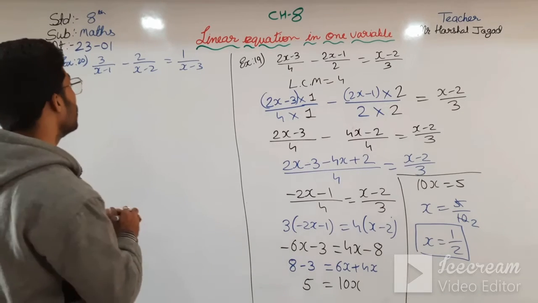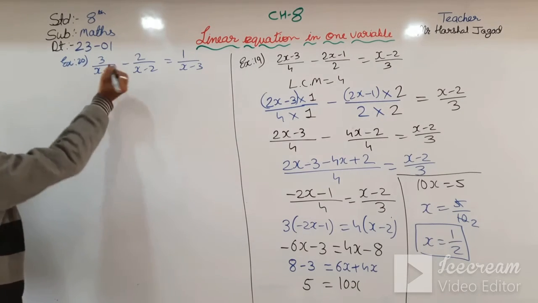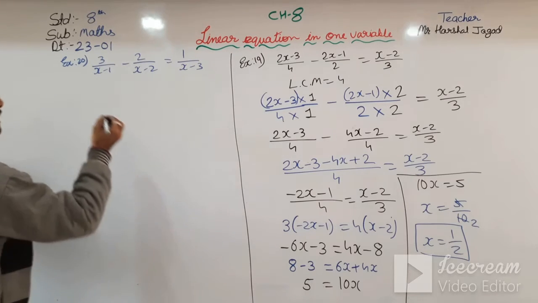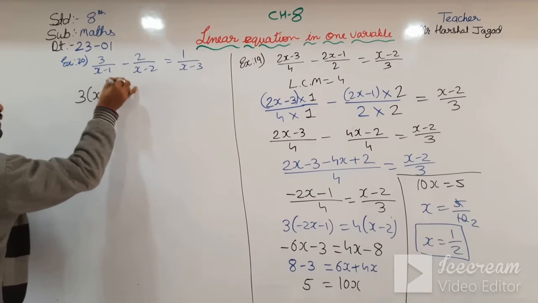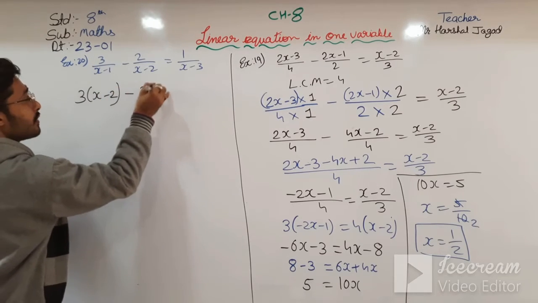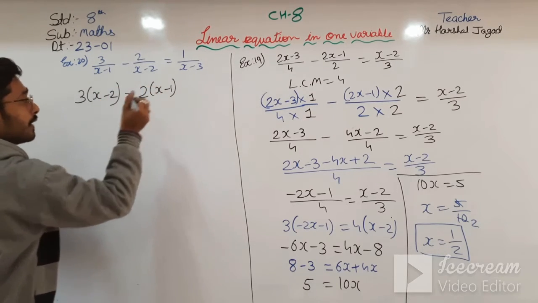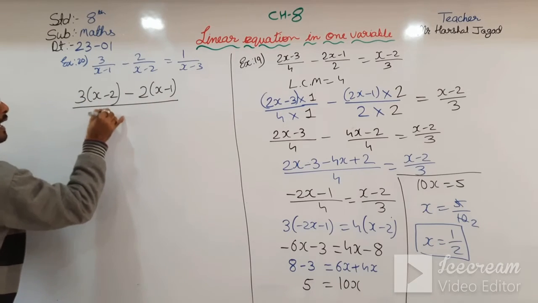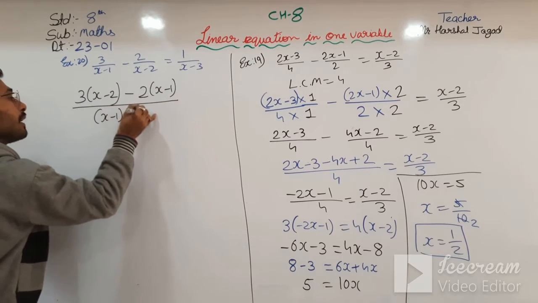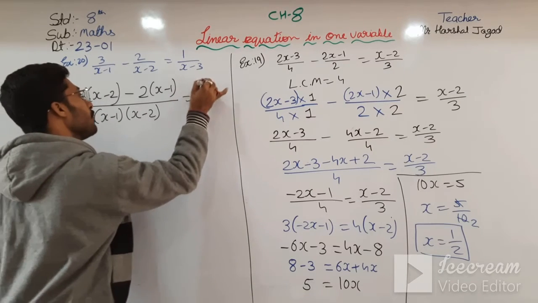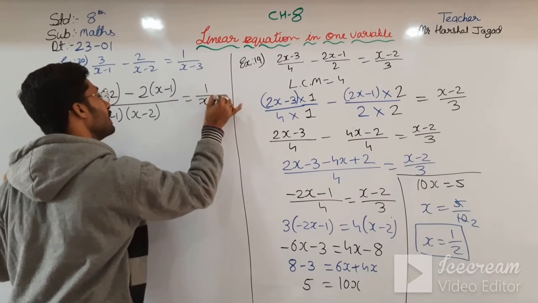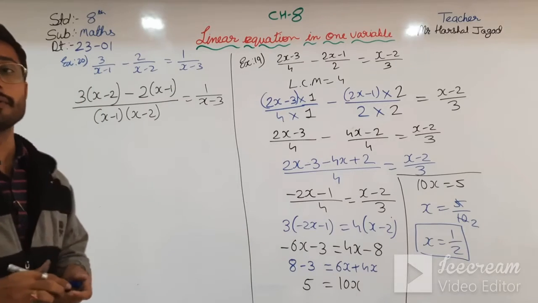Let's see here. So what I will just do is, by taking LCM, 3x minus 2 minus 2x minus 1 upon x minus 1 into x minus 2, okay, is equal to 1 upon x minus 3. How we have taken the LCM?